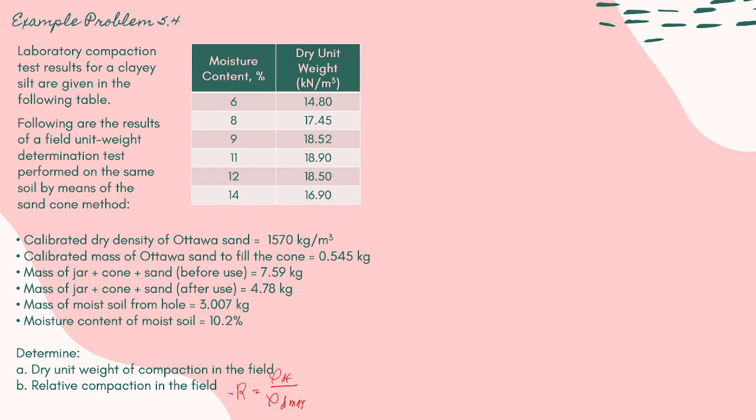Or, since the dry unit weight and the dry density are proportional, the dry unit weight in the field over the maximum dry unit weight of the soil determined in the laboratory, we can also use that. So this would be instead.